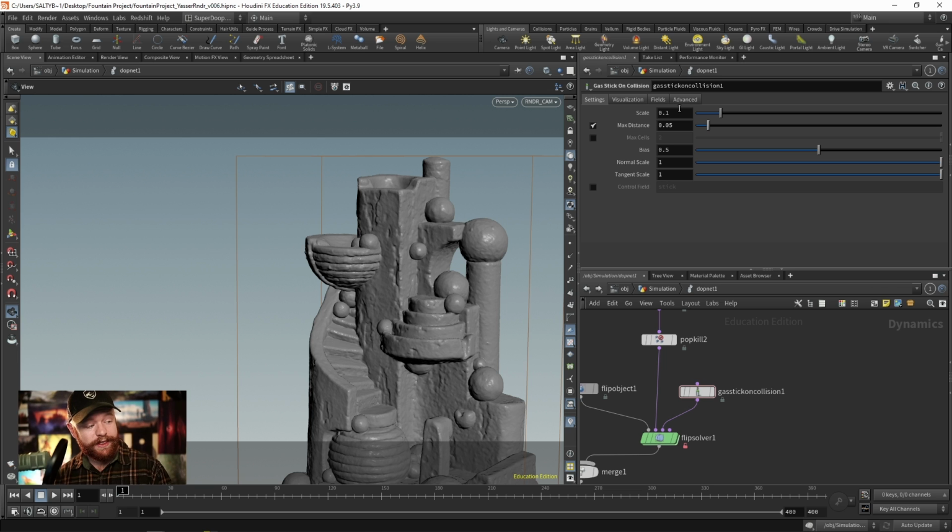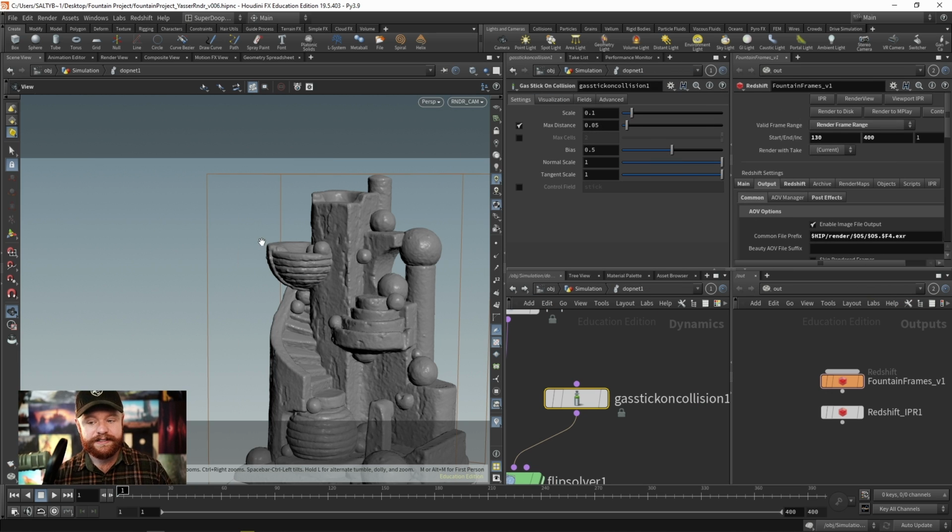But basically put, that is saying instead of applying a force which relies on collision calculations to push it back where it should go, it's trying to find a force that's just uniform surrounding the object and trying to match that force. So for all intents and purposes, as you turn up this scale, it's going to stick more so to the object. The max distance is asking you how far away from the surface is this force allowed to go.